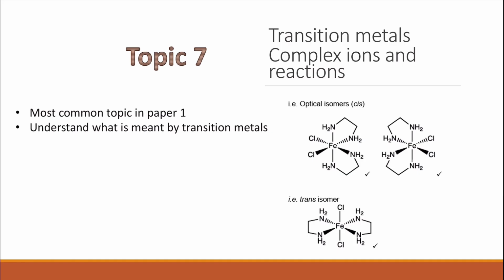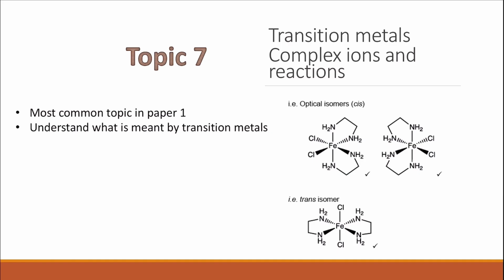d subshell. Ligand substitution and precipitation reactions of ligands and also the aqua ions. So these are very, very common questions, and you need to memorize all the color changes due to ligand substitution or the precipitation reactions.